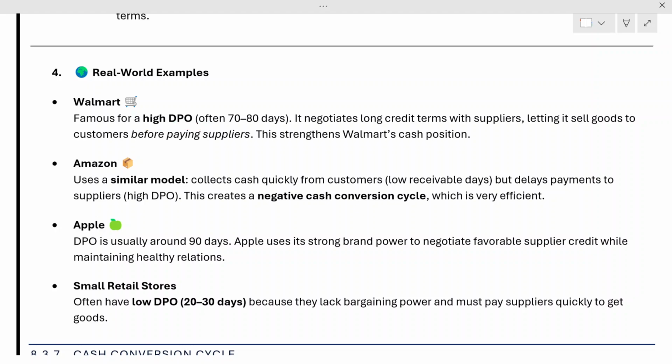So Walmart negotiates very long-term credit terms with suppliers, letting it sell goods to the customer before paying the supplier. Walmart purchases the goods, sells to the customers, gets the money, and even after getting the money, pays its suppliers after 70 to 80 days. That makes the Walmart business very efficient, and it strengthens Walmart's cash position.